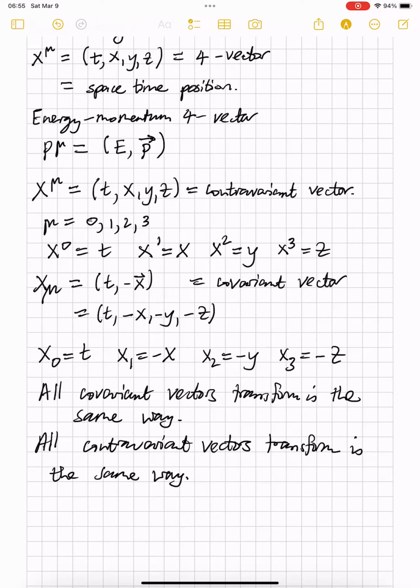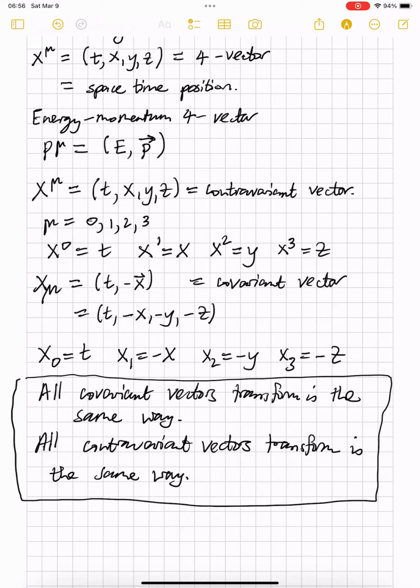So all of the notation that we've been introducing is so that we can capture how these different objects transform. Why is this so important? Well, it's important because we want to write down equations that are the same in all Lorentz frames. We want to write down equations that don't change if we do a boost or a rotation, because boosts and rotations are symmetries of nature.